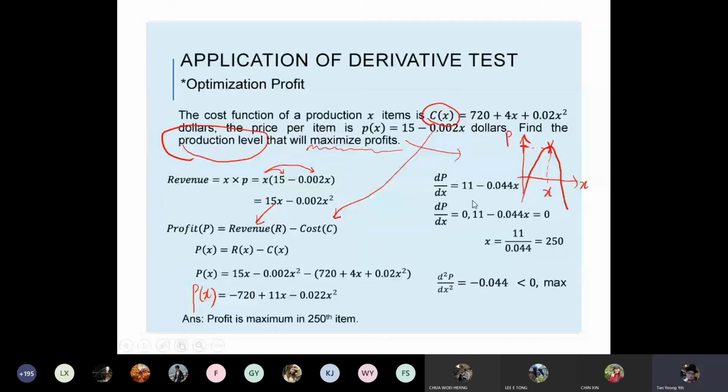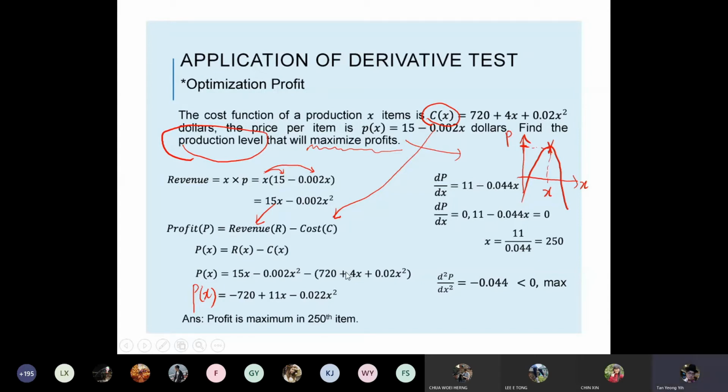So to find the maximum point, of course, we differentiate the first time. All right, so differentiate here, negative 720 is 0. Differentiate x is 1 times 11, get 11. Differentiate here, we have 2 bring down, so we get 0.044 here, and the x power 1.